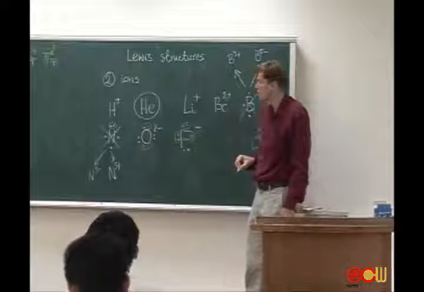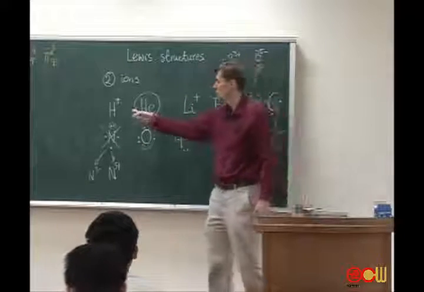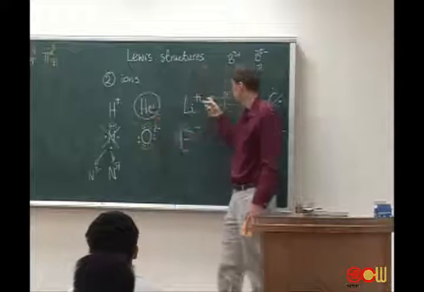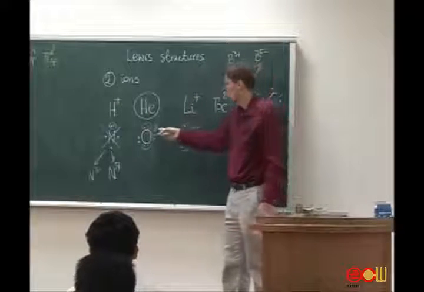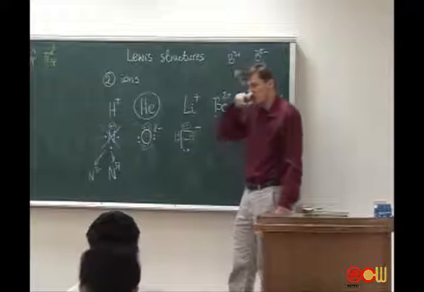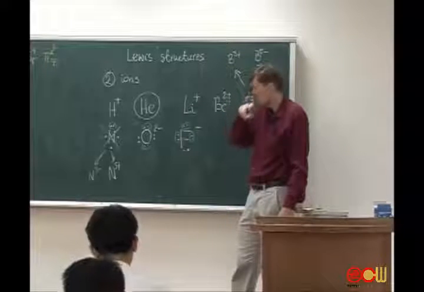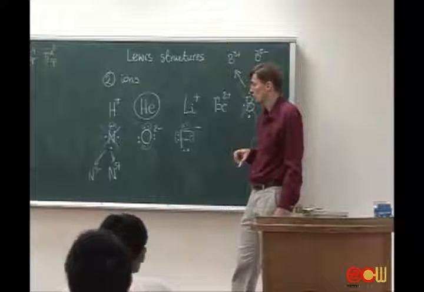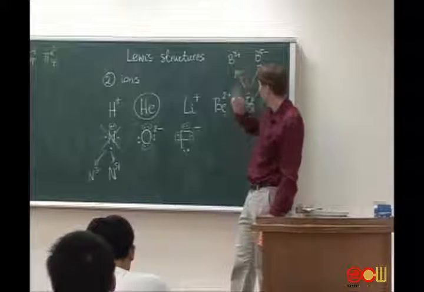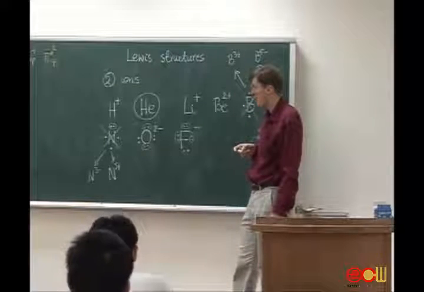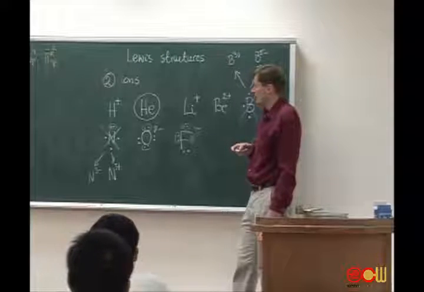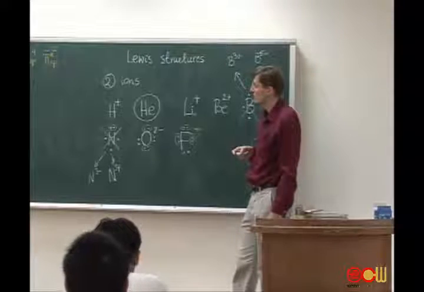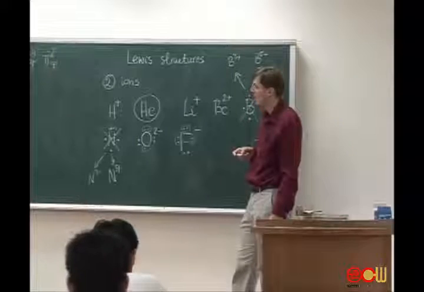You usually see ions that have 1 or 2 plus or minus charge, because adding 1 or taking 1 or adding 2 or taking 2 is easier than adding 3 or 5, or taking 5. Good. These are the Lewis structures for ions.